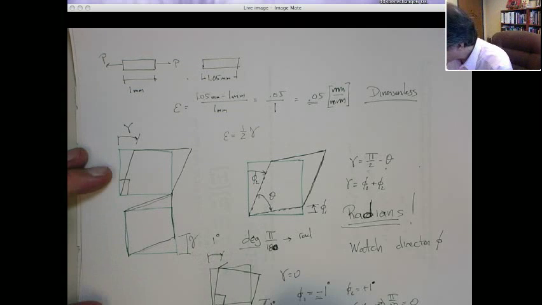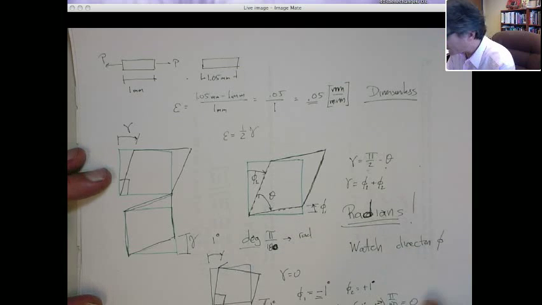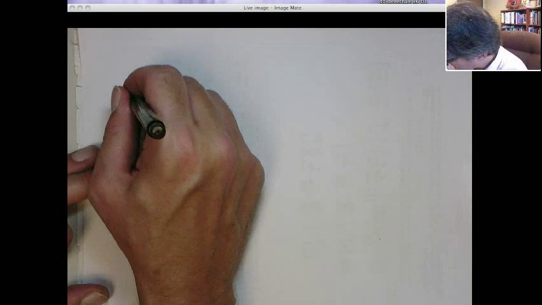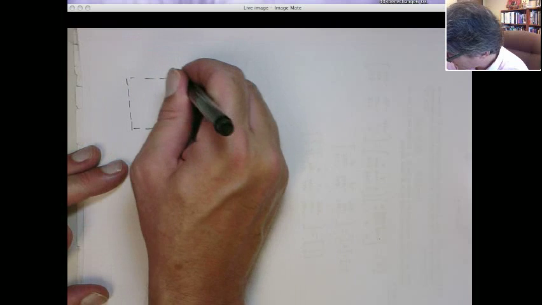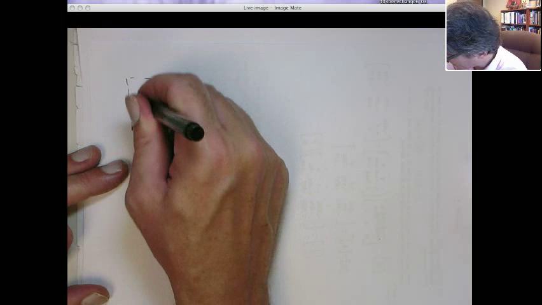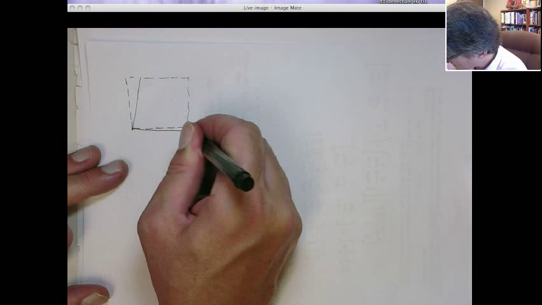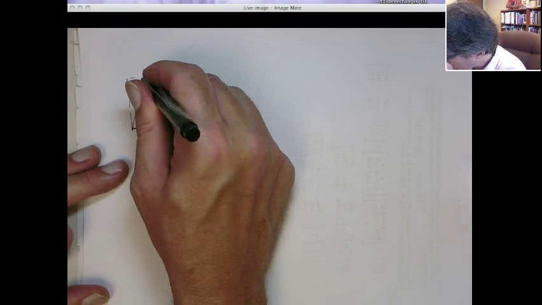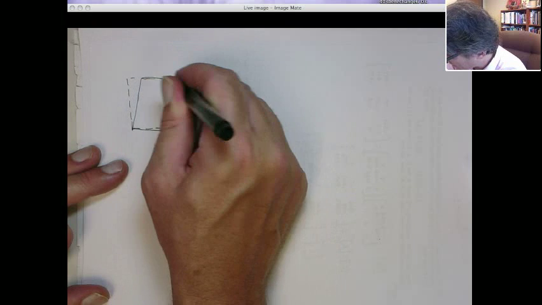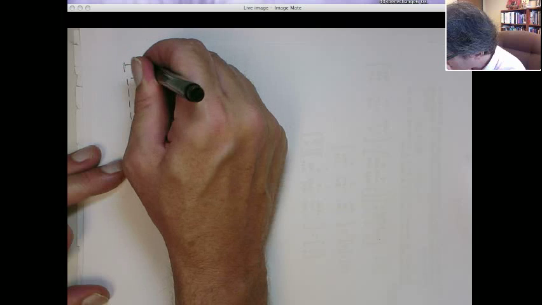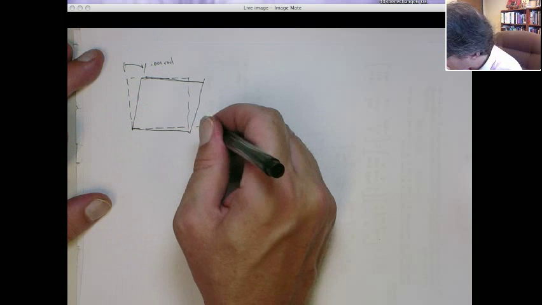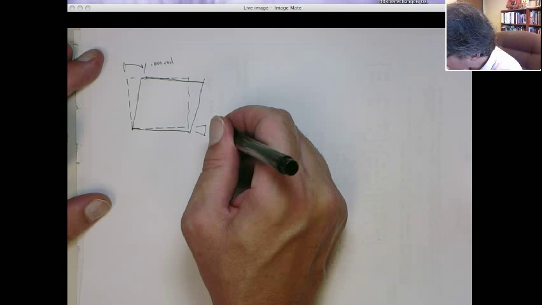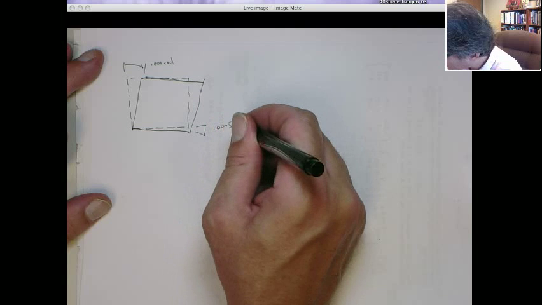So just to do another one where it's not equal to 0. Let's say here are the undeformed lines, and then it deforms to something like this. Usually these are all very small angles, but I have to exaggerate them a little bit. Let's say this is 0.001 radians, and this one is 0.0005 radians.